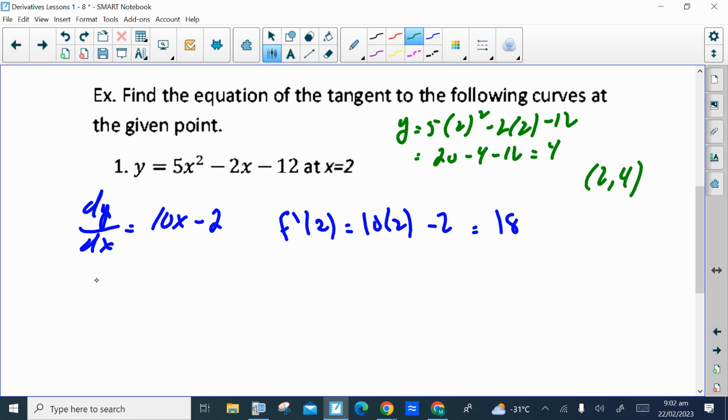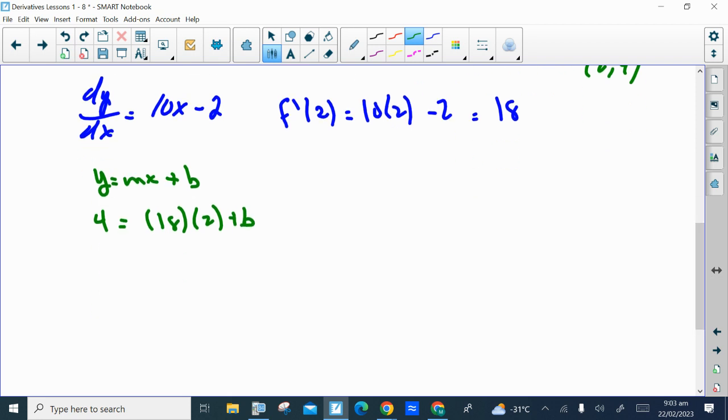And remember, we saw 2 different ways to find the equation. You can use y equals mx plus b. We know that m, the slope, is 18, and we can also use the point 2 comma 4, meaning y is 4 when x is 2, m, the slope is 18, and you can determine what the b value is, which represents the y-intercept, by solving for b.